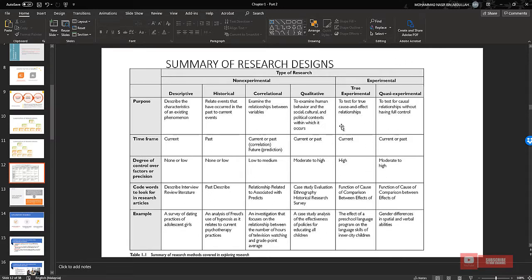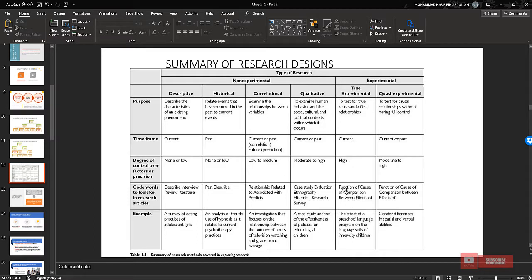For experimental research, this requires a randomization of the subject. So the purpose is to test for true cause and effect relationship. This is basically a confirmatory research lah. So the time frame should be current, and we have a high degree of control for the variable or factor.